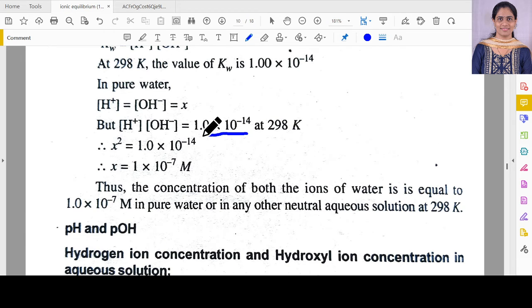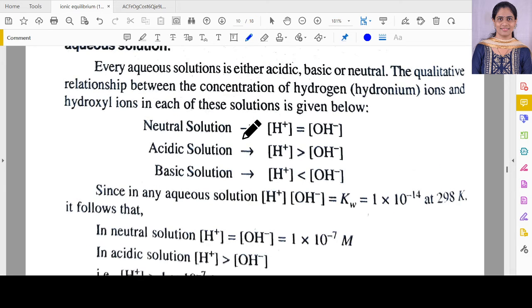So remember this, H plus times OH minus is always equal to 1 into 10 raised to minus 14. Kw, the ionic product of water, is 1 into 10 raised to minus 14. From that the pH scale is derived.